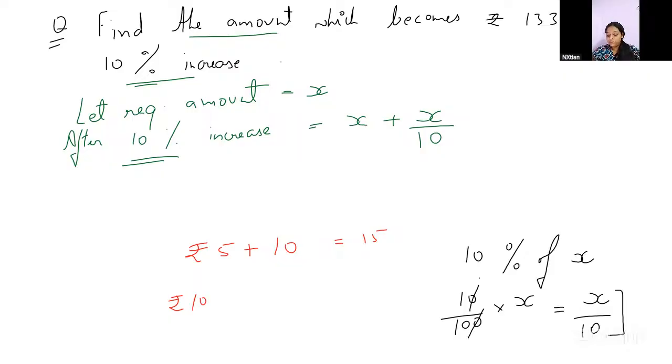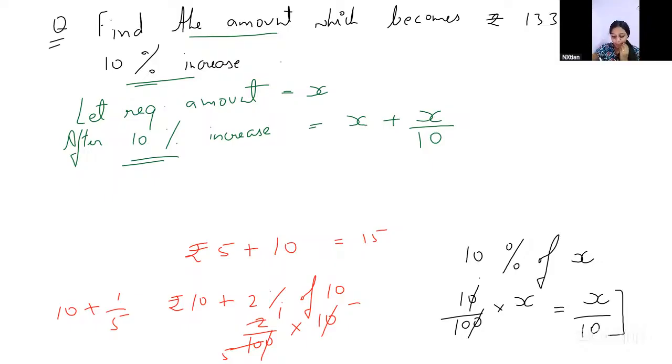So to rupees 10, I'll add 2% of 10. How will I calculate 2% of 10? 2 upon 100 into 10. Cancel. I will get 1 upon 5. So to 10 I will add 10 plus 1 upon 5. This is what we did here. Look again.